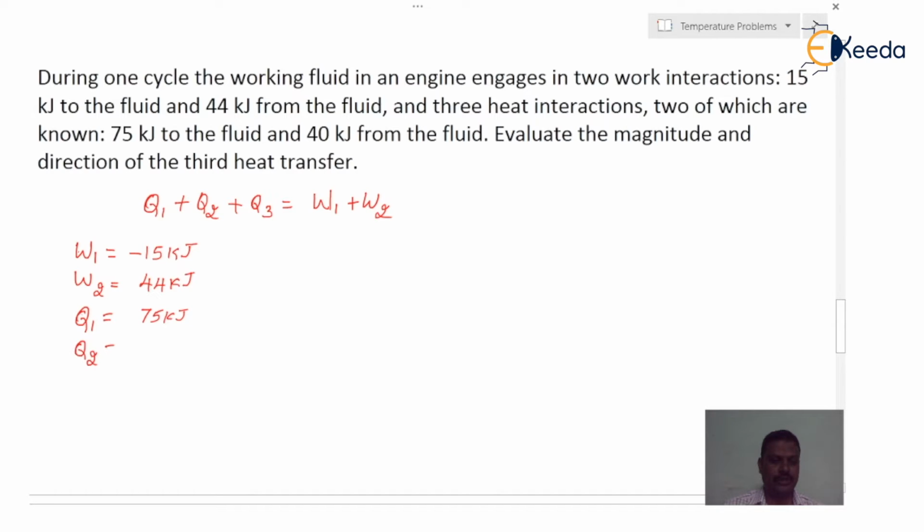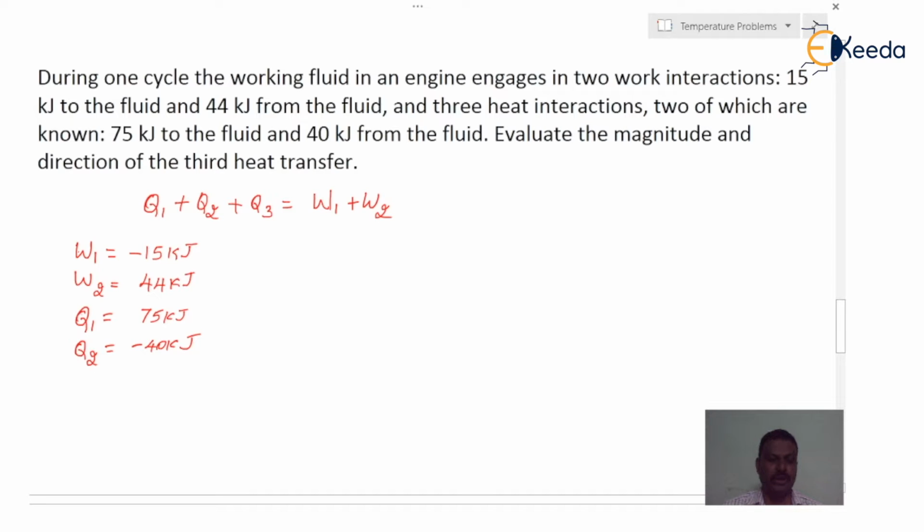Q2 is 40 kilojoules from the fluid. From the fluid means heat is rejected by the fluid, so heat rejected by the system is taken negative, so it is minus 40 kilojoules.